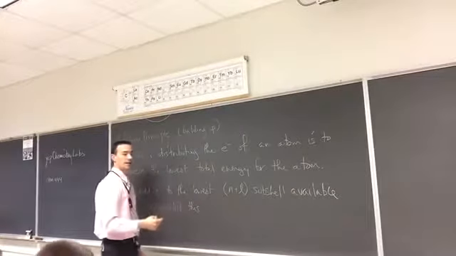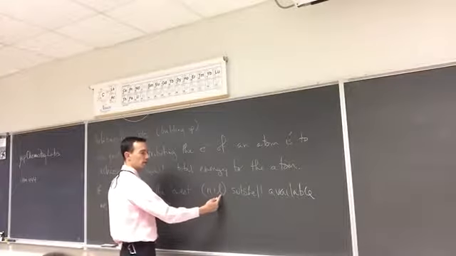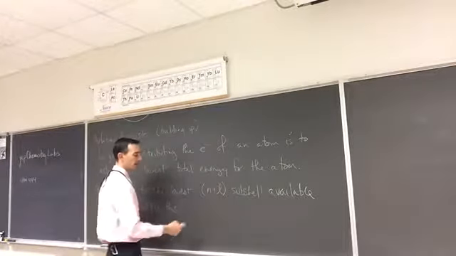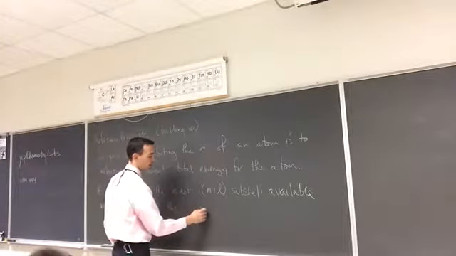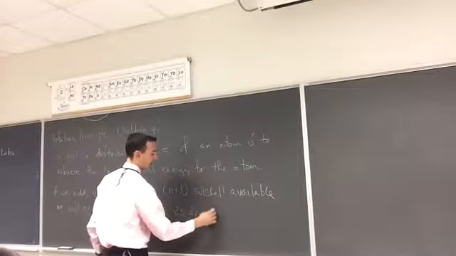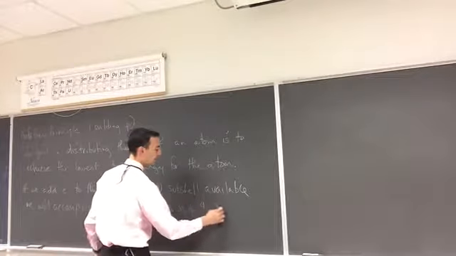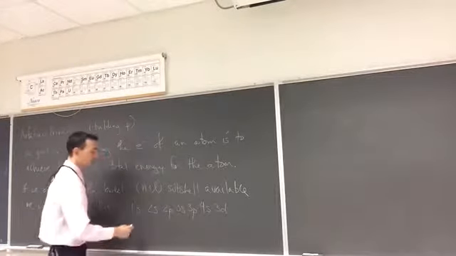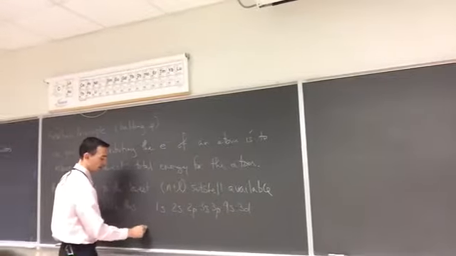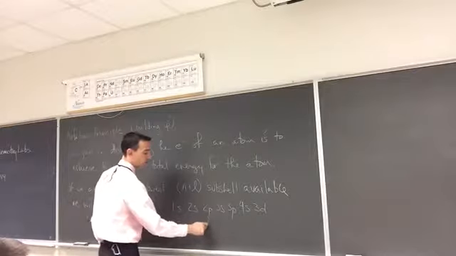Okay? And so by n plus L, I'm referring to the energy level plus the sublevel, the numerical value. So this explains why we have a 1s, 2s, 2p, 3s, 3p, and then why we have 4s before 3d, because the sum of n plus L is here 1, 2, 3, 3.